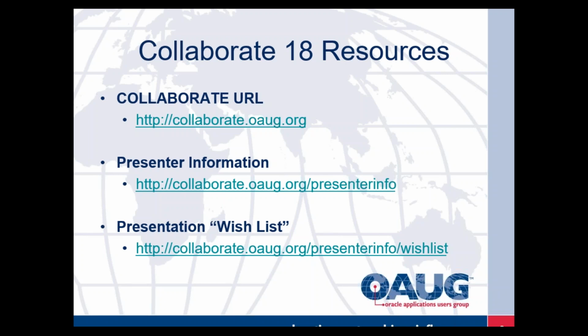Basically, you share your experience with subject matter that you have expertise in, and you can share that with everybody else, and it brings value to them. The next URL, the presenter information, gives you, as an accepted primary presenter, the benefits.